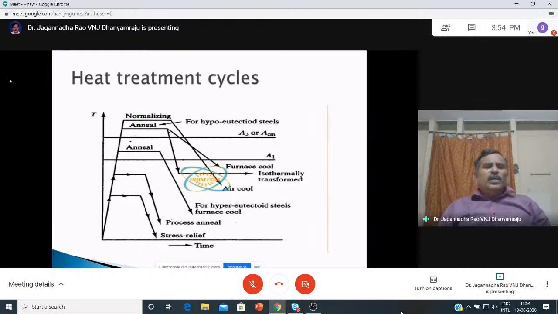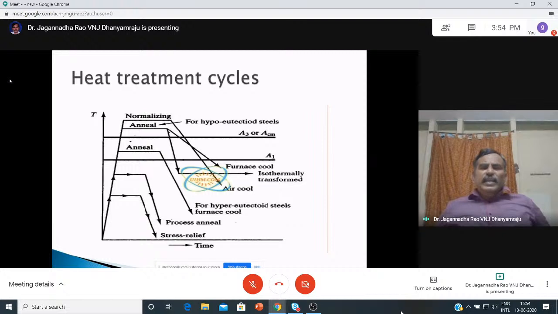For this annealing cycle for hypoeutectoid steel, the heating is about 10 hours, and after that it is soaked at annealing temperature for say 4 hours.